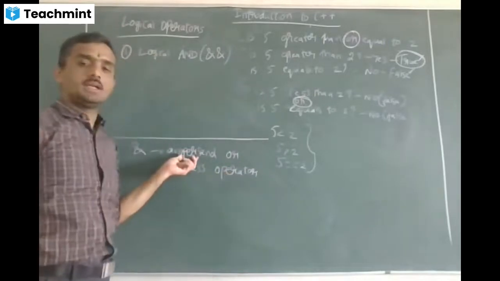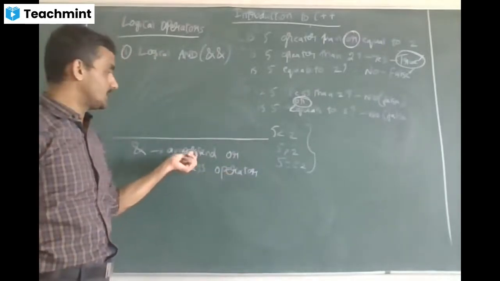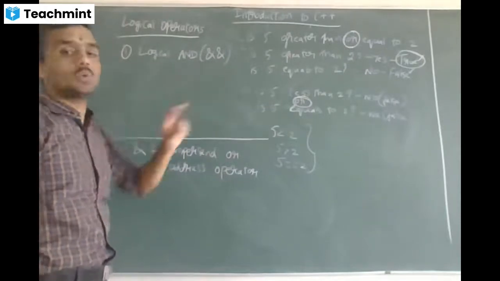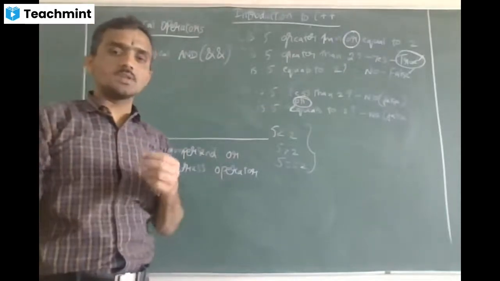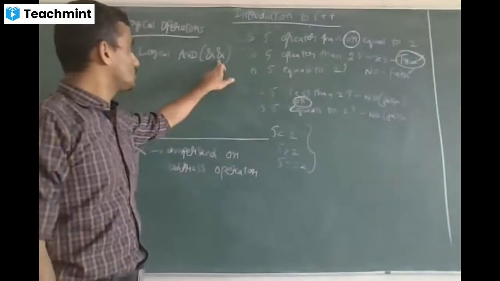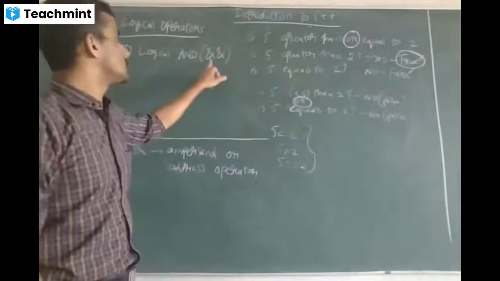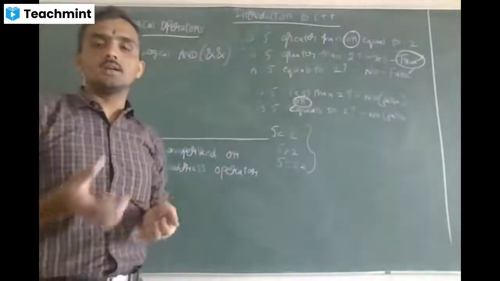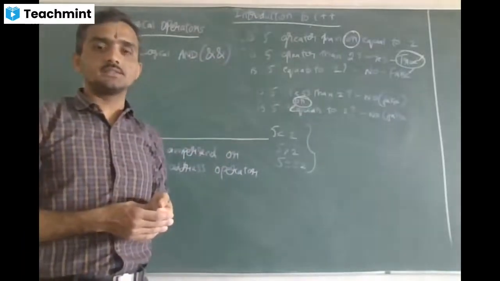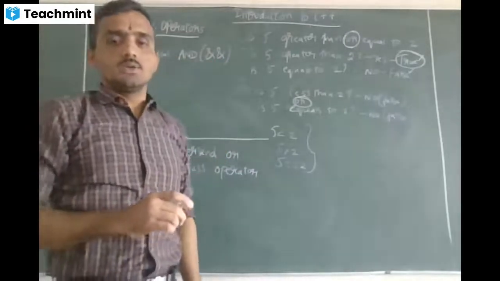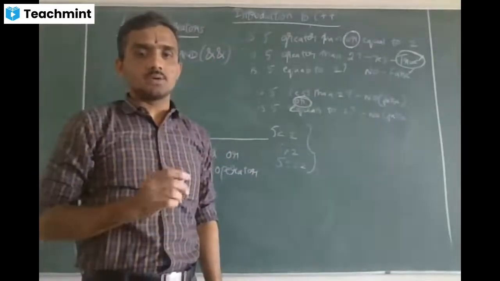If I use this symbol 2 times continuously without space, the combination of those two is called the logical AND operator. So wherever you come across logical AND, you have to use this symbol. In English, when we are writing a sentence, we use this for AND. So it is called logical AND. Two times you have to write it continuously.